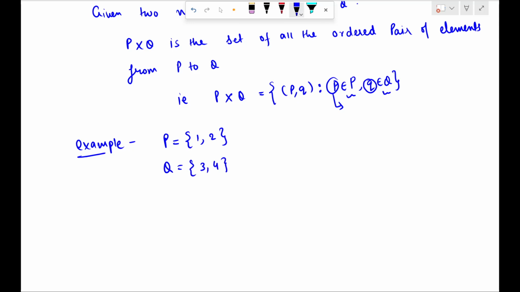Then P cross Q will be (1,3), (1,4), (2,3), and (2,4).